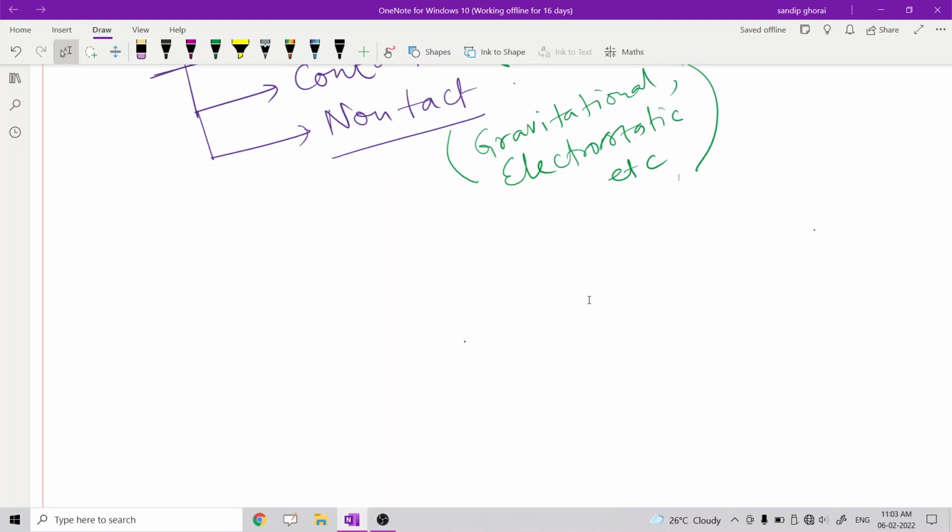Muscular force is also one example of contact force.